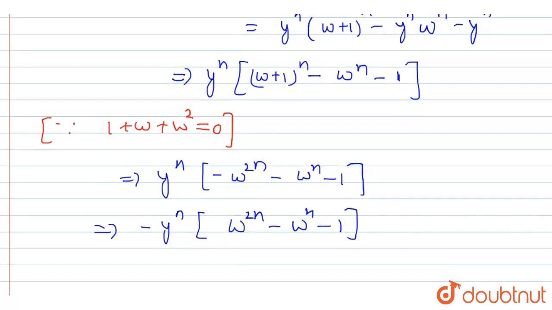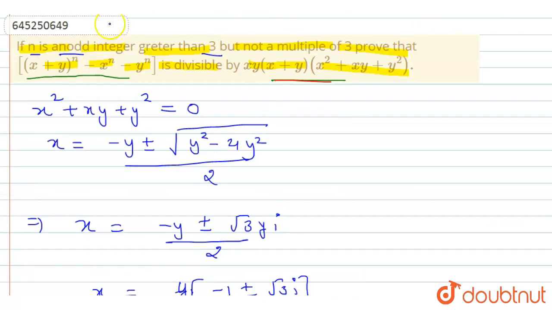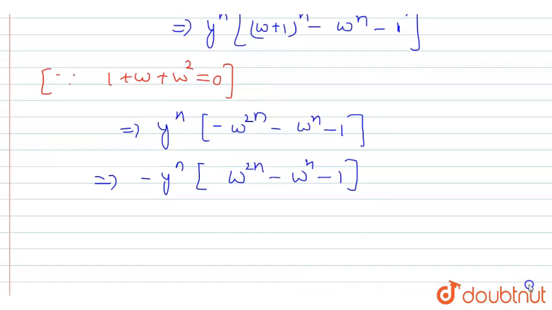Now in the question it is given that n is greater than 3 but not a multiple of 3, so omega to the power n can never be 1, because for a multiple of 3, omega to the power that is 1, since omega cube is always 1.